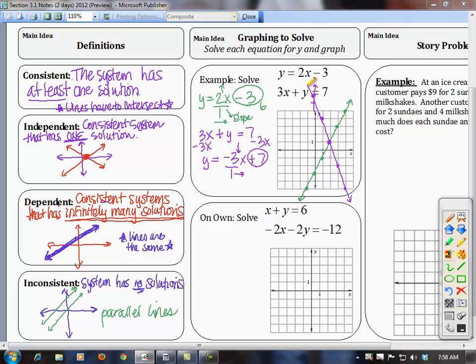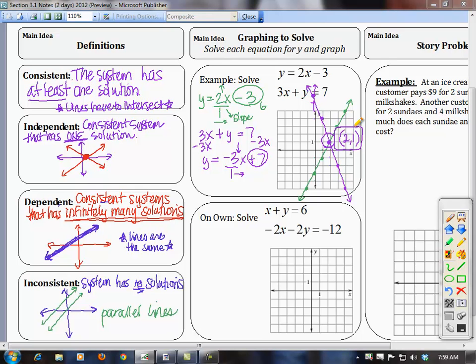So I draw my line and I extend it with arrows. And you can see that this is my point of intersection, and we label it as a point. This is over 2 up 1, so the point (2, 1). This is my solution. And again, every answer basically from now until the end of this chapter will be written as a point. I want to label now my system.